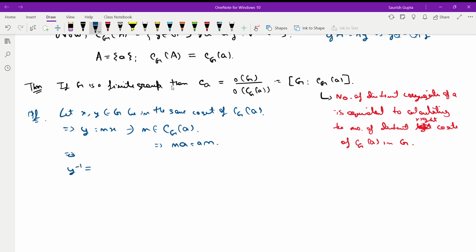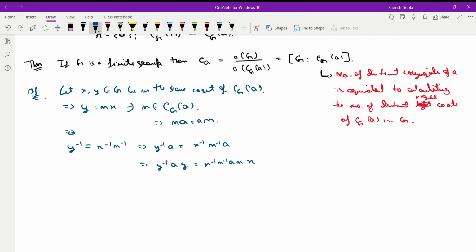Now, if I calculate y inverse, it will come out to be x inverse n inverse. This implies y inverse A is equal to x inverse n inverse A, right? But this implies y inverse A y is equal to x inverse n inverse A n x.